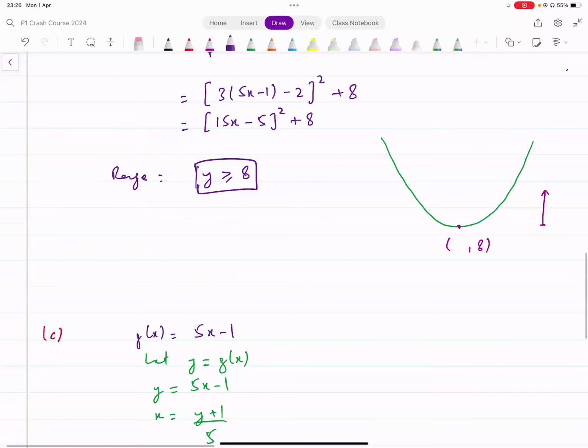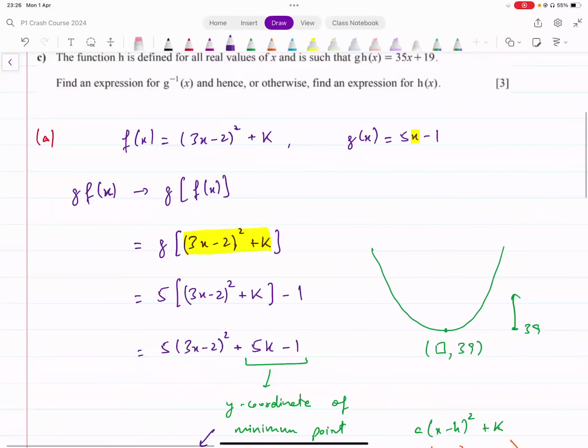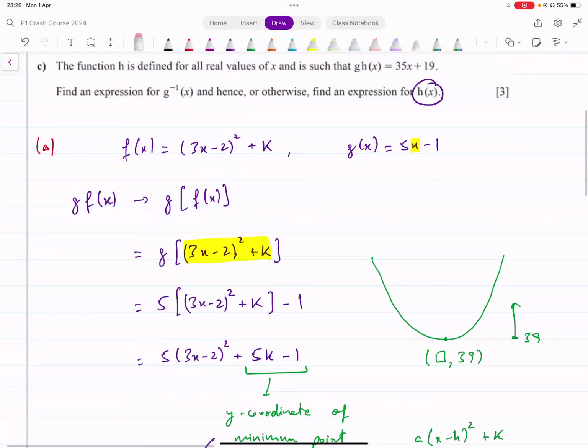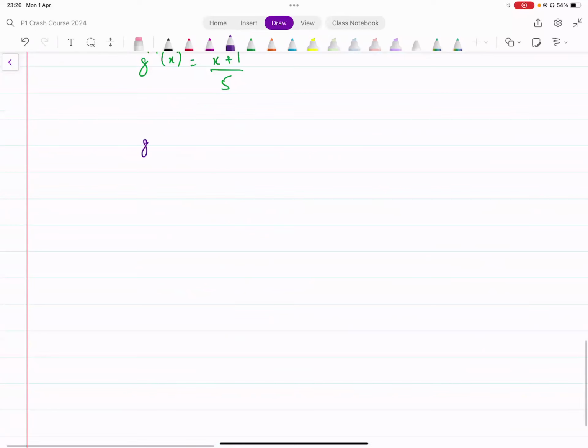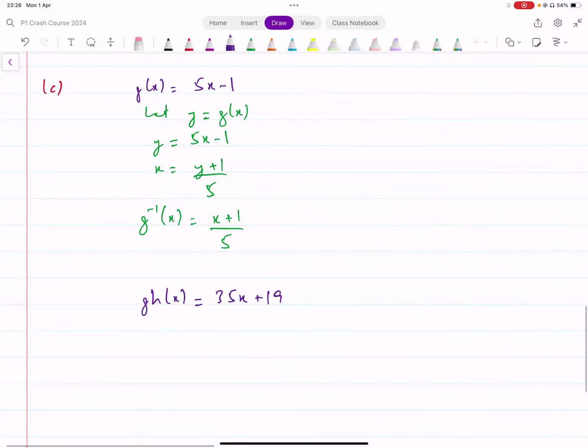Now the question says, using this, find an expression for h of x such that gh of x is 35x plus 19. Let me write that down here, gh of x is 35x plus 19. This is gh of x. What we need to find out is h of x. How can we do that? We have talked about this before.